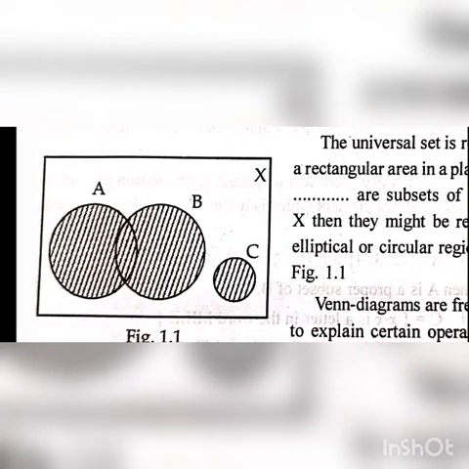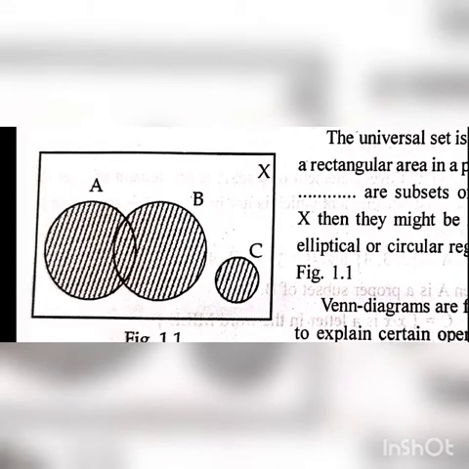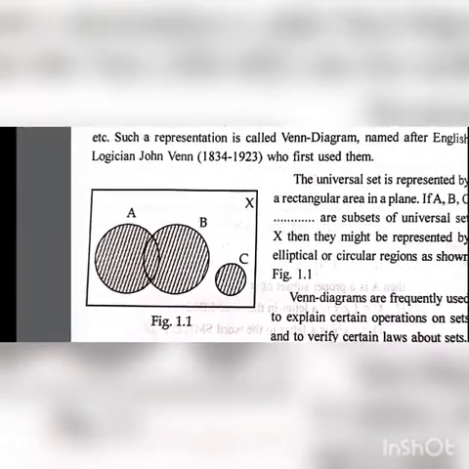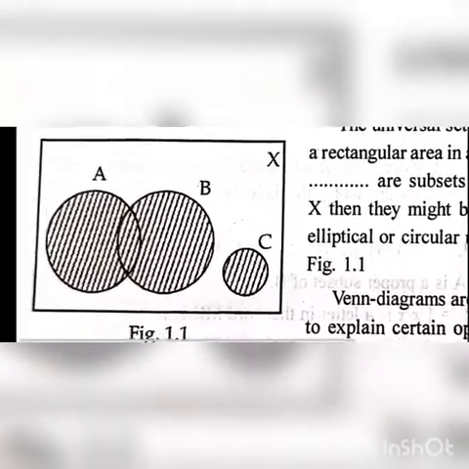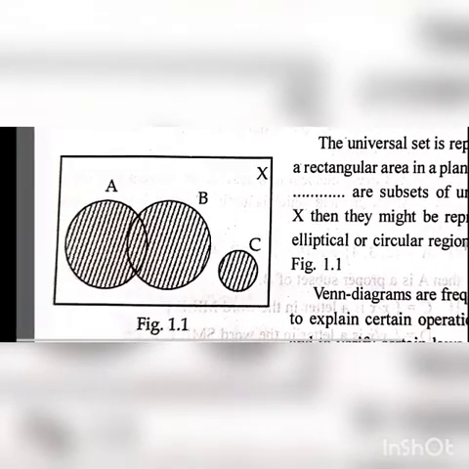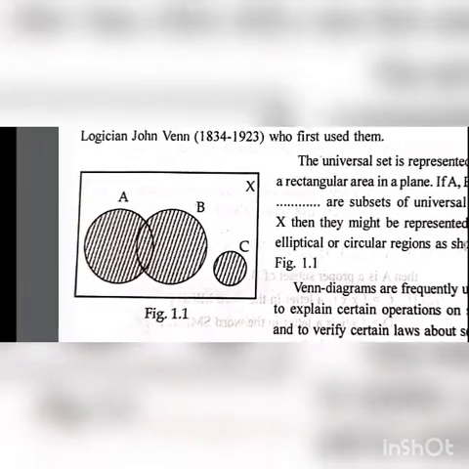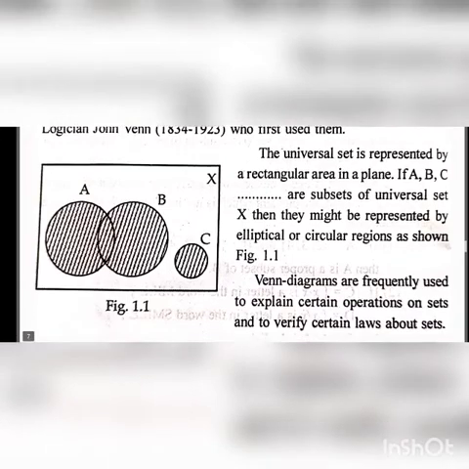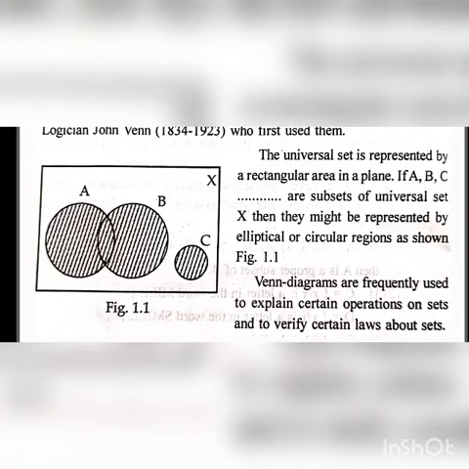So here sets A, B, C are represented by circles, and this rectangle X is the universal set which is greater than all the sets. Okay, the universal set is represented by a rectangular area in a plane. A, B, C are the subsets of universal set X. Okay.